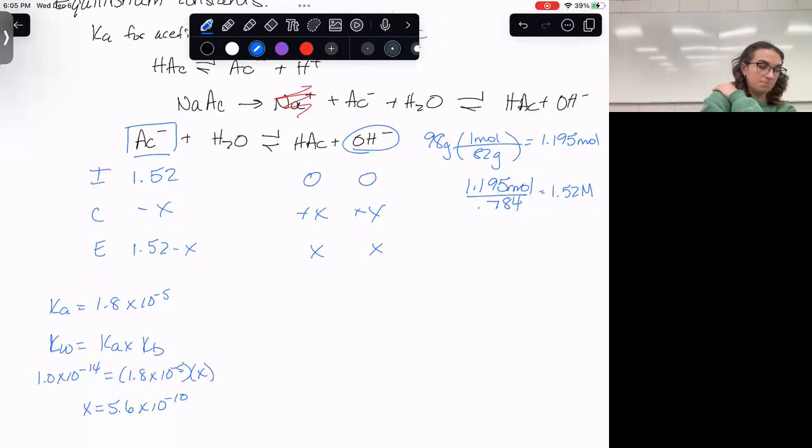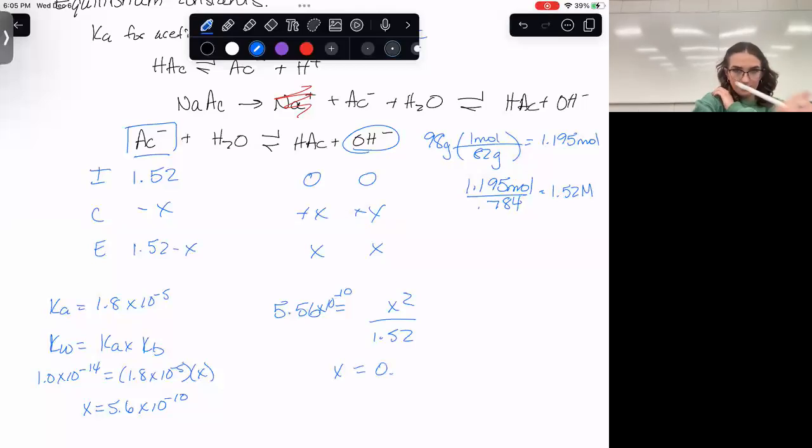So then Kb is x squared. Can we use the shortcut? Yeah, this one's good to go. And we get x equal to... how do we find pH?